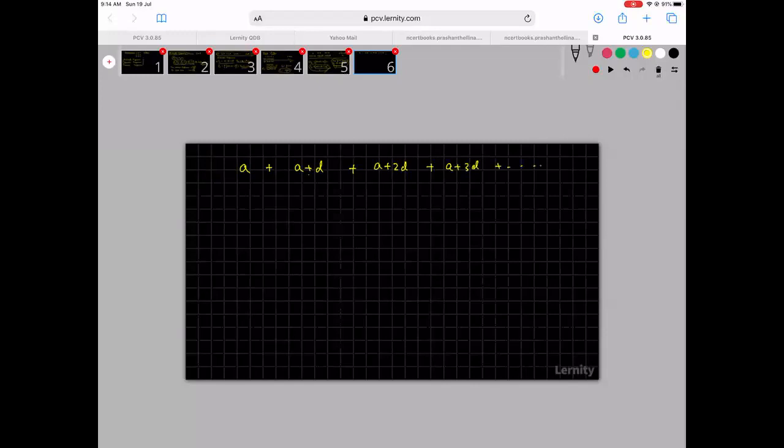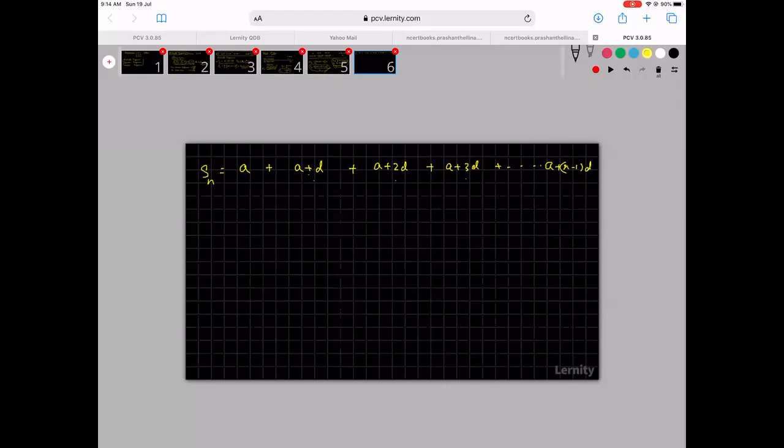Please understand, the second term has 1d, the third term has 2d, the fourth term has 3d. So the nth term will have a plus n minus 1 into d. So Sn is the sum of n terms, equal to the sum of all this.